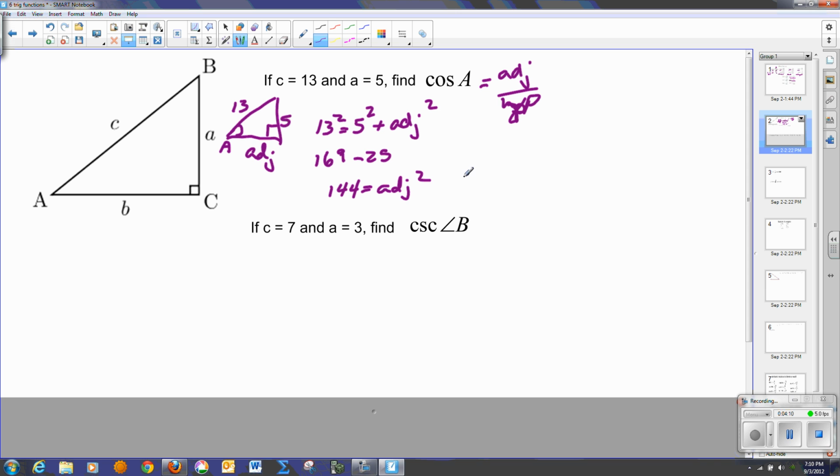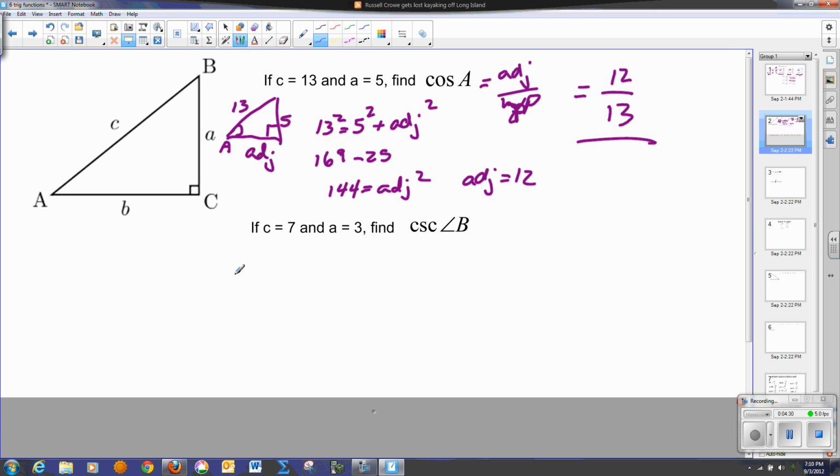So my adjacent in this case is equal to 12. Therefore, if I need my adjacent over my hypotenuse for my cosine ratio, I just plug in 12 over 13. And that's my cosine ratio.